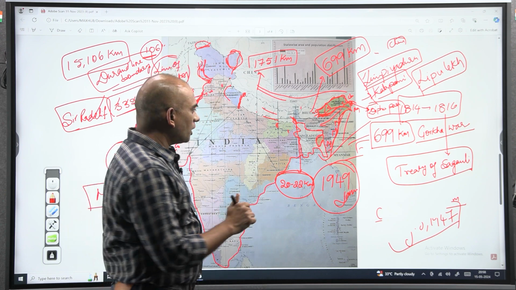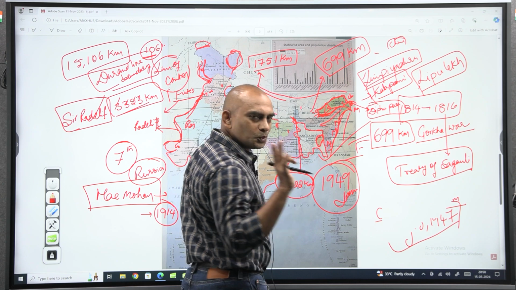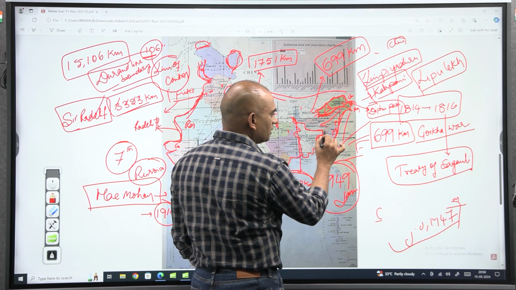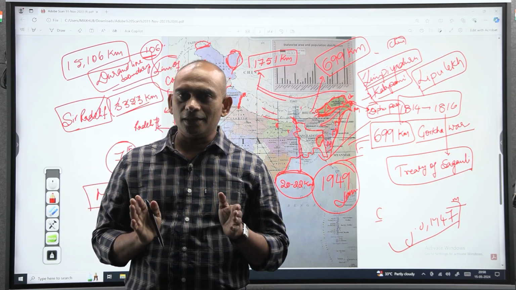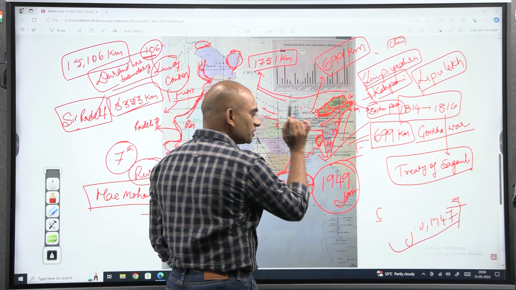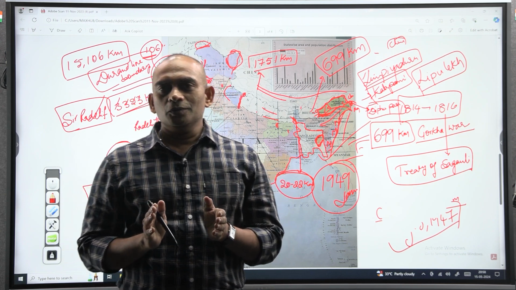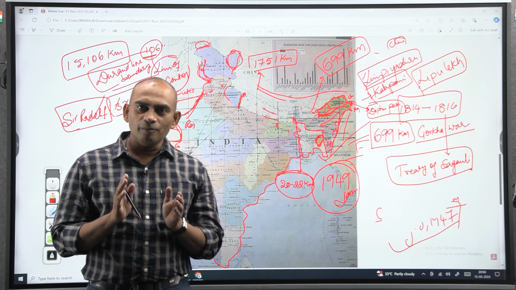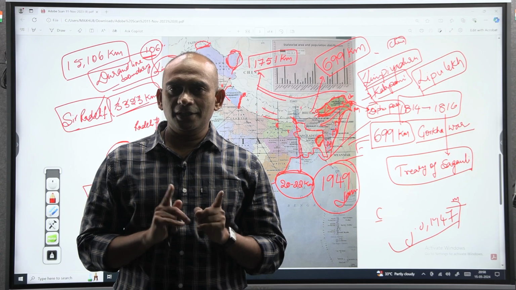Tripura is connected with two states in India, that is Mizoram and Assam. So on all three sides, it is covered with the international boundary. Okay, so we have to conclude this session. So before concluding this session, I wanted to revise everything.